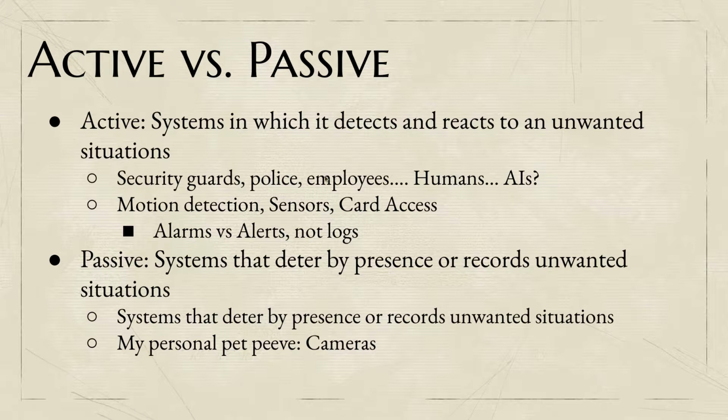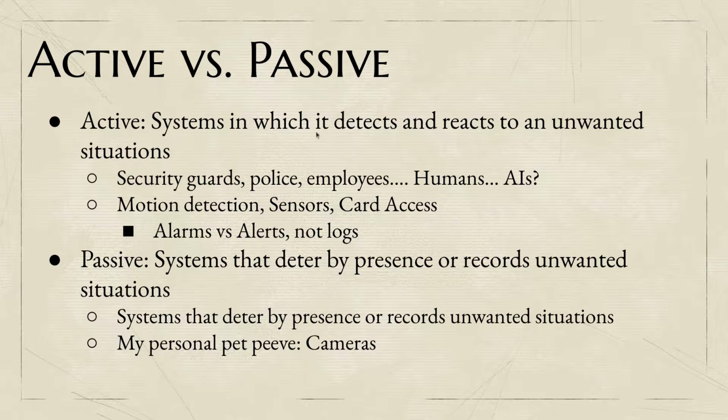I kind of put AIs in there. There is camera software that will detect, based off the movement of a person, that there's a person in a room, and it can send notifications. So is that an AI? That type of thing. But the whole point is an active system is going to do something.